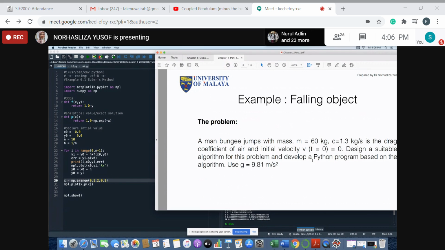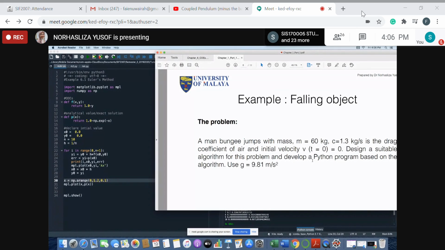Also you have to declare your g. Anyone want to say something? Okay. So from there you can start calculating the Euler's method.